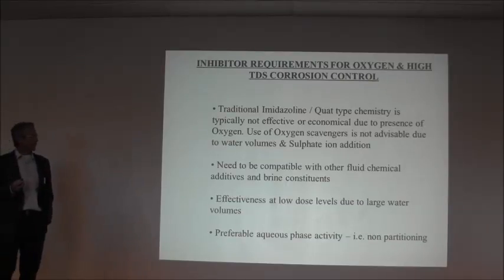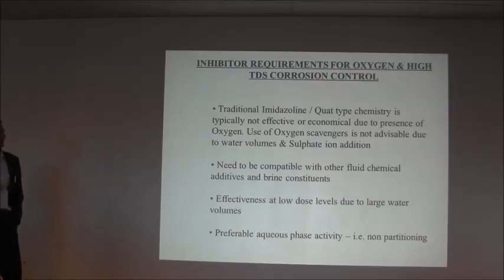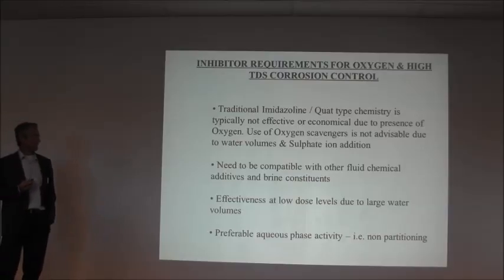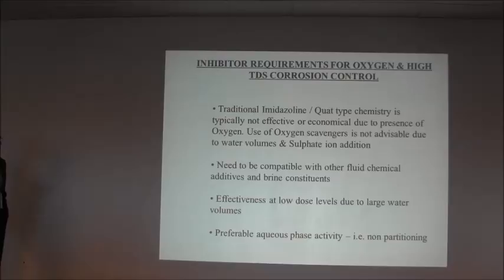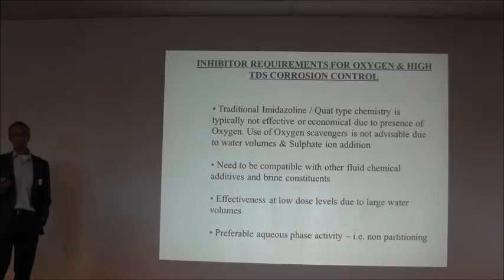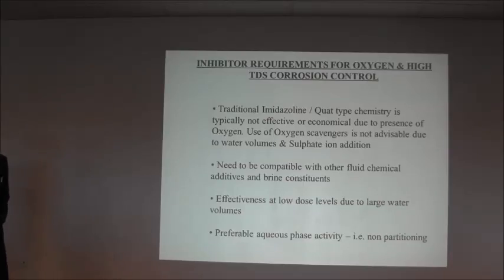Because of the large water volumes we're dealing with for something like a frac or coil tubing drill out, or even produced fluids and gas transfer lines, we need something that's going to work at very low dose levels. And finally, preferably something that will be solely active in the aqueous phase, which is where these corrosion mechanisms are occurring.